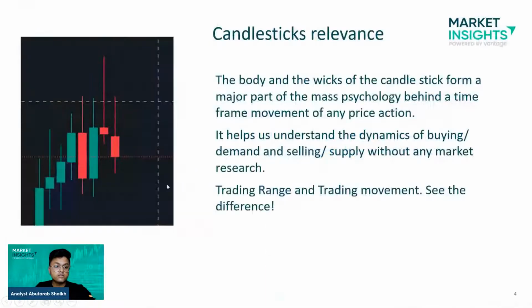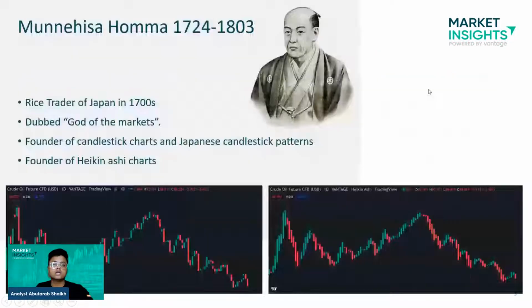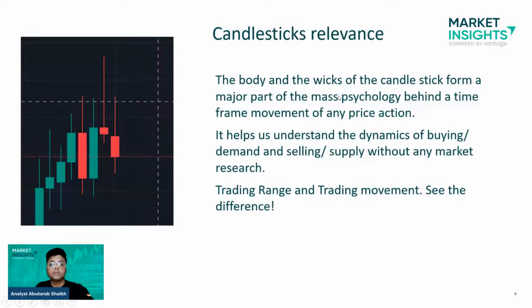The first thing is candlestick relevance. Candlesticks are very beautiful things, because they show us the mass psychology behind the movement of price action. What is the mass psychology? It is what the people are thinking. You are looking at the chart, and a thousand others are also looking at the same chart.